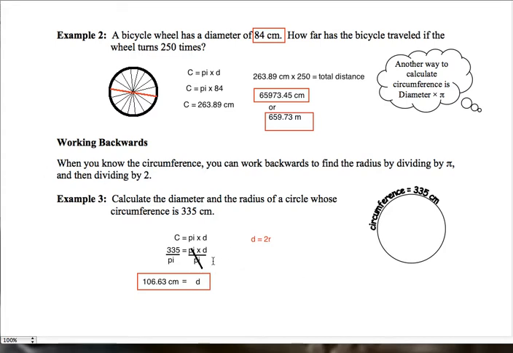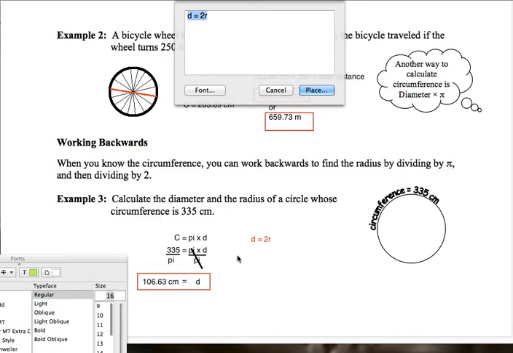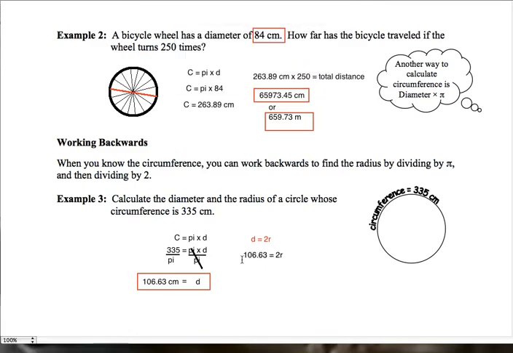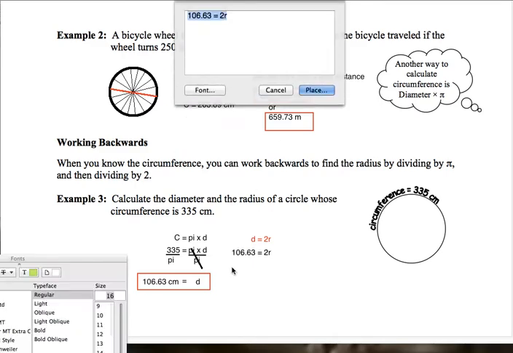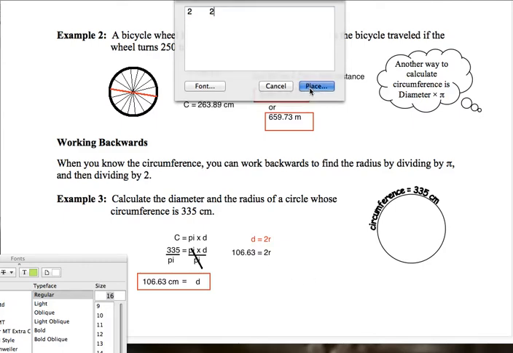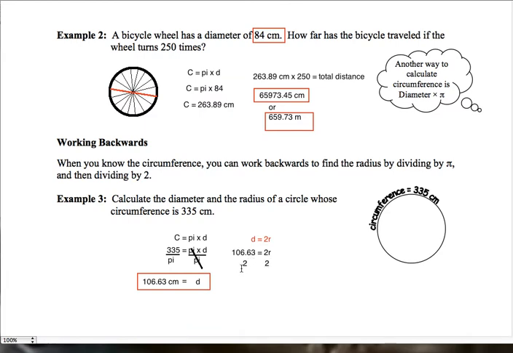I know that the diameter is 106.63 centimeters. So I can replace the d with 106.63 and then solve for r. The way I do that, and this is probably going a long way around for something that's pretty obvious for a lot of you guys, is to just divide both sides by 2. Like this. I'm going to divide both sides by 2.